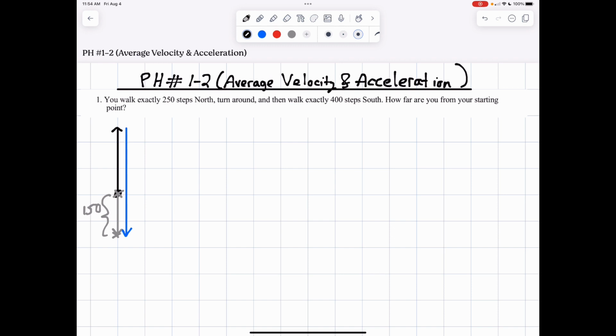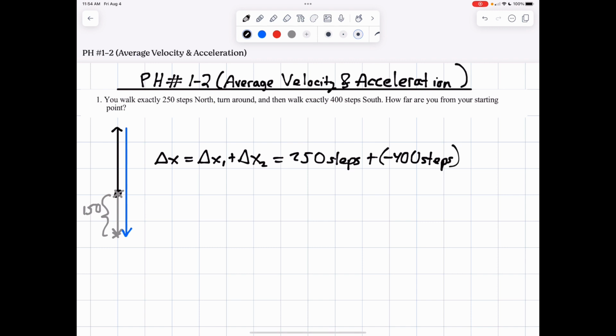Your total displacement is going to be equal to your displacement 1 plus your displacement 2. We're going to add our displacements. Our first displacement is positive because it's going up, so positive 250 steps, plus a negative 400 steps because we're walking 400 steps south.